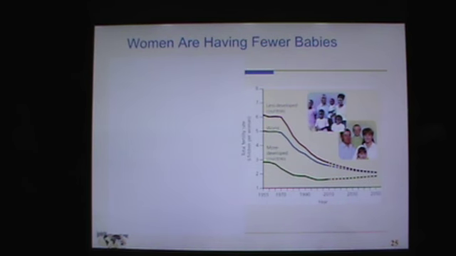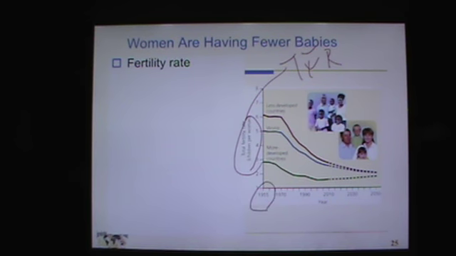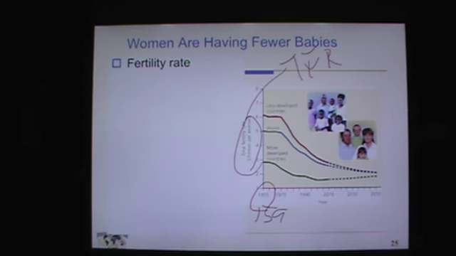So, here is an interesting graphic. This will roll down a little bit. This is the total fertility rate. We talked about this before. Over time, starting in 1955. Hang on just a second. The wrong button.